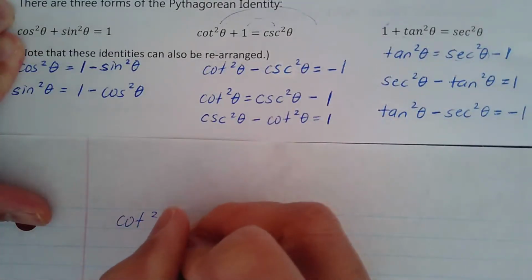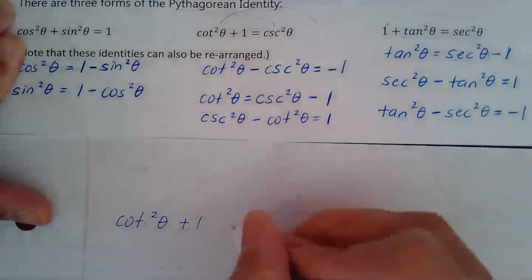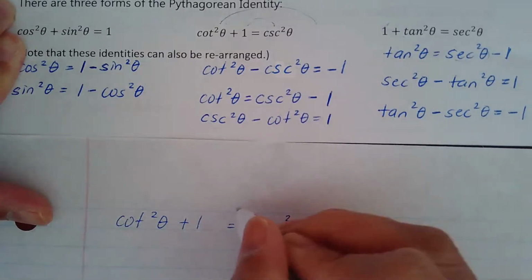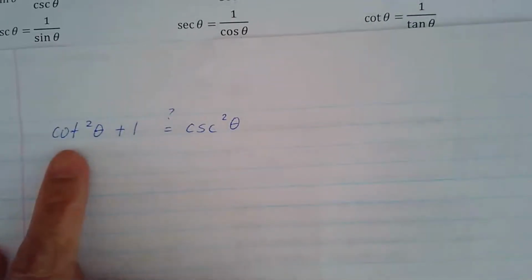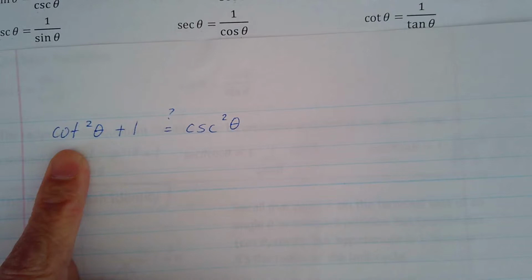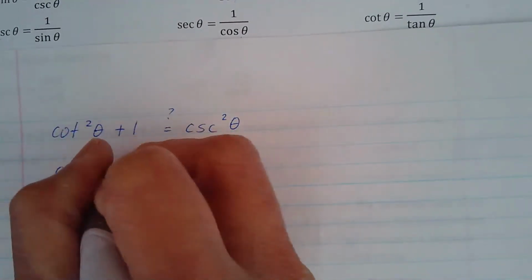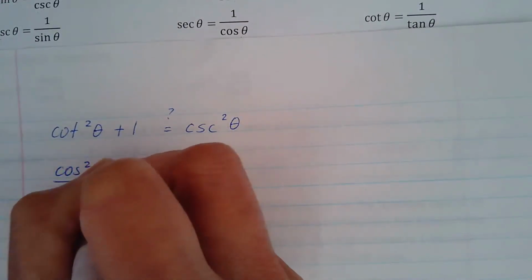Cotangent squared theta plus 1. Why is this equal to cosecant squared theta? What can we do? Well, what do we know about cotangent squared theta? Cotangent squared theta is the same thing as cos squared theta over sine squared theta.